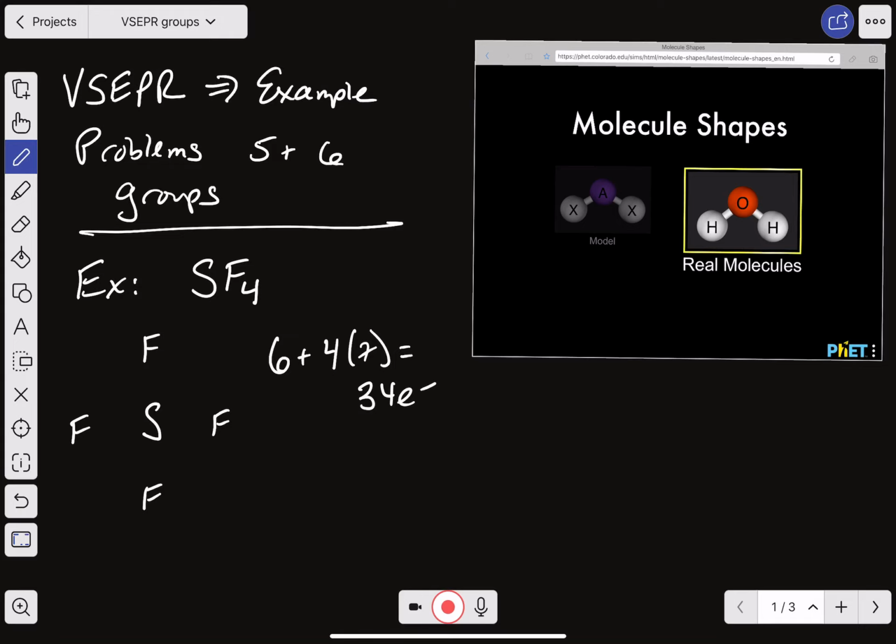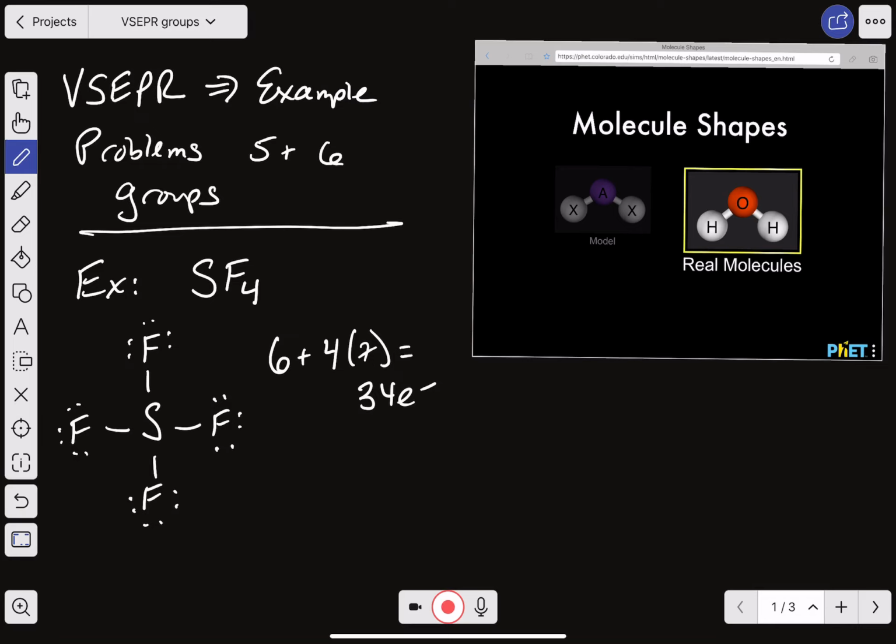First I draw the bonds and then do the octets on the outer atoms. So I will do 2, 4, 6, 8, 10, 12, 14, 16, 18, 20, 22, 24, 26, 28, 30, 32. And I've only got 32 electrons placed.